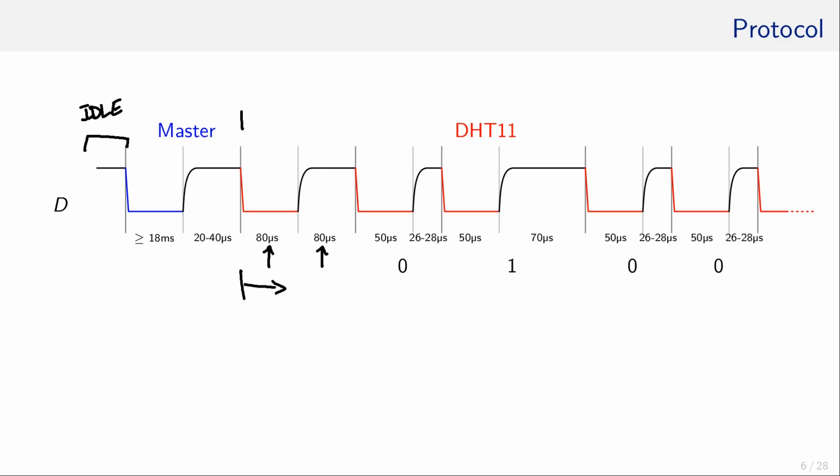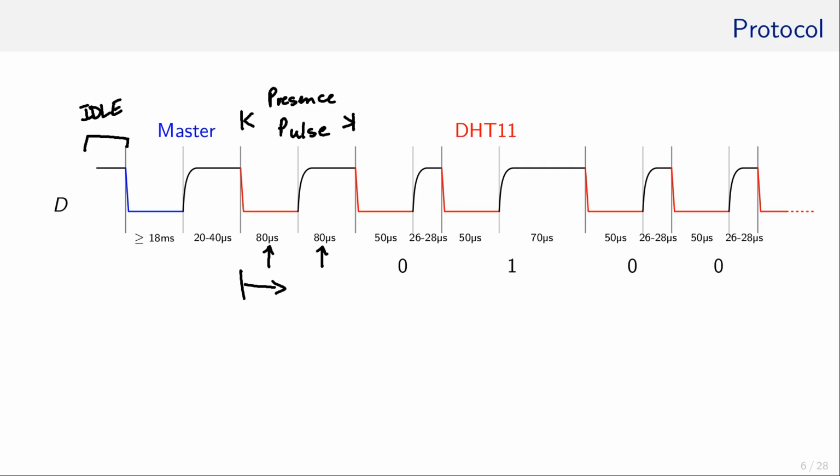Therefore, this part is also called the presence pulse. If the DHT is faulty, not ready, or not present, this pulse is not being sent.